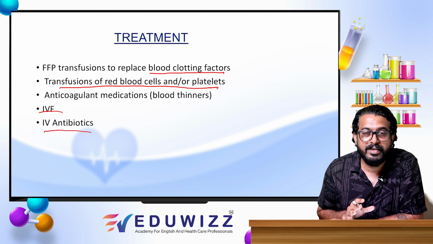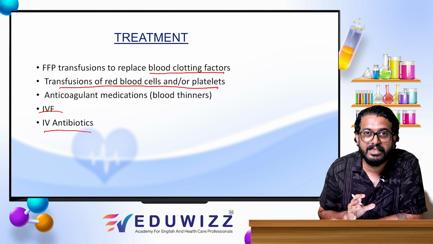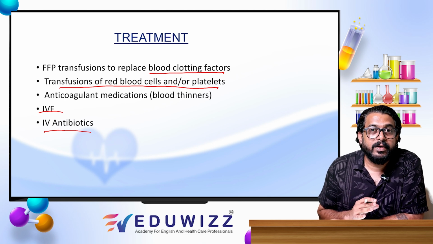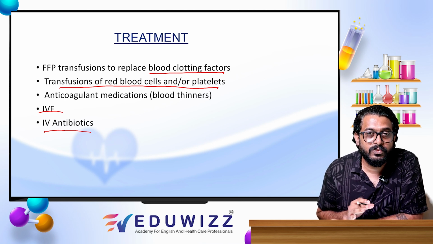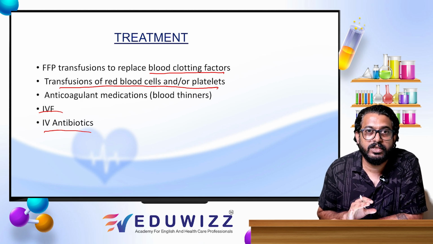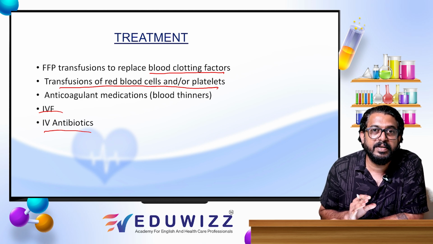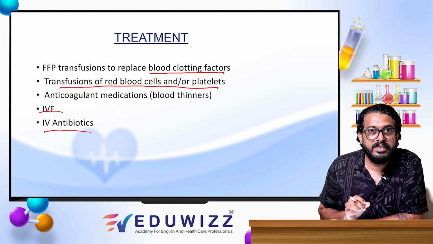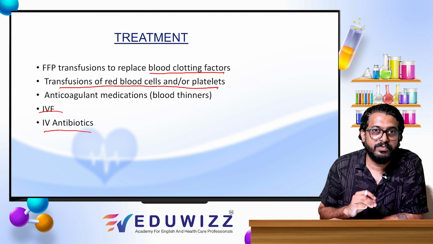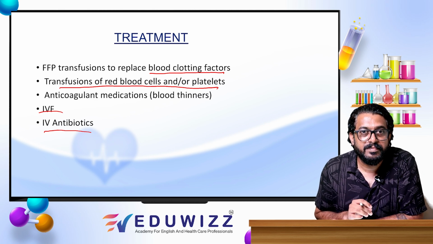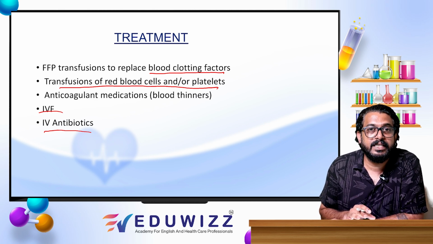Anticoagulant medications are a little bit controversial as there are the chances of bleeding. So anticoagulants might increase the chances of bleeding. So mostly what we give is fresh frozen plasma to replace the clotting factors, and RBC and platelet transfusions, antibiotics in case of sepsis, and IV fluids.